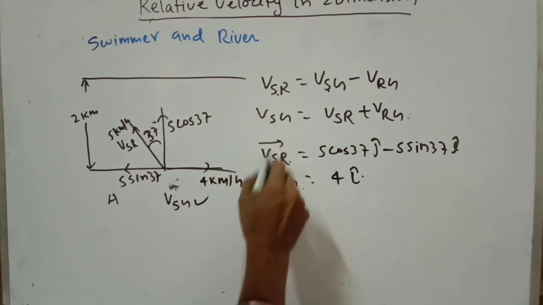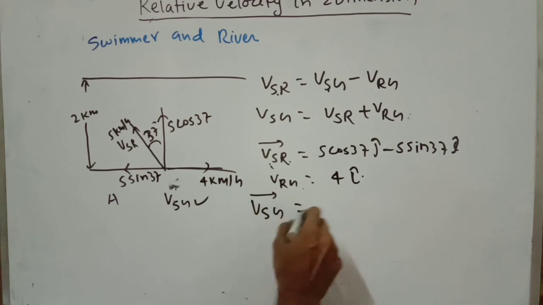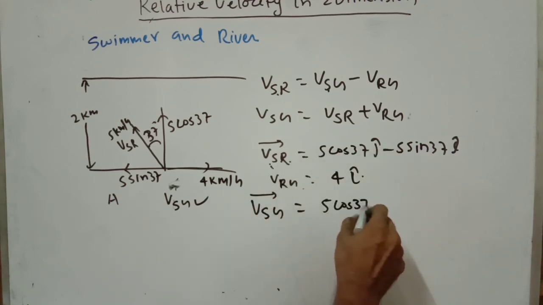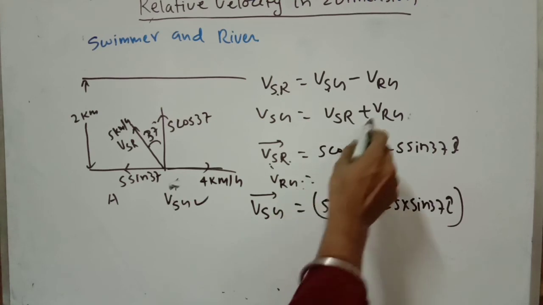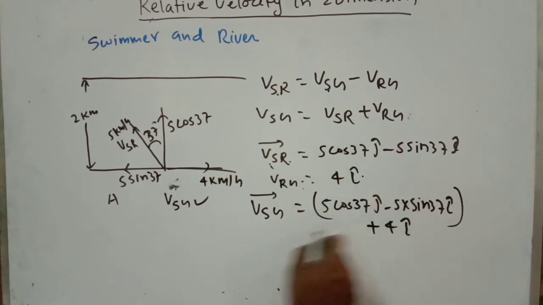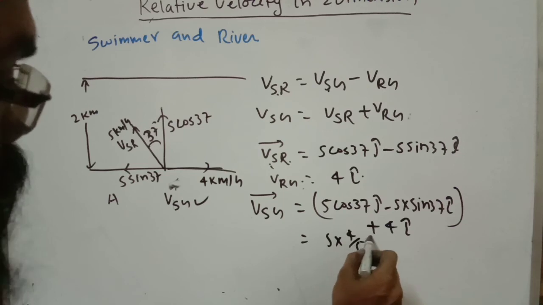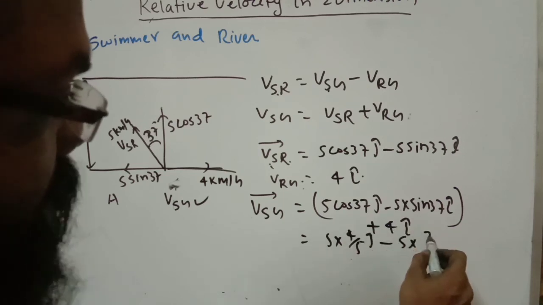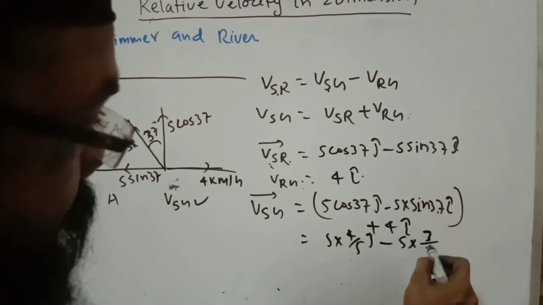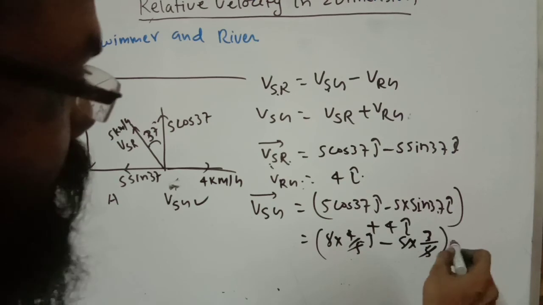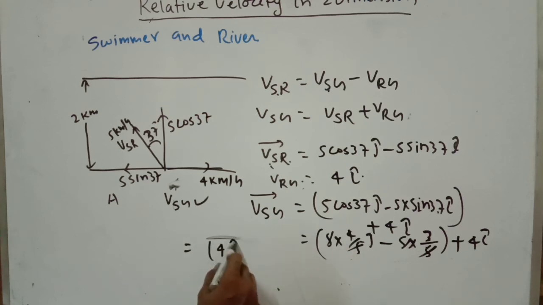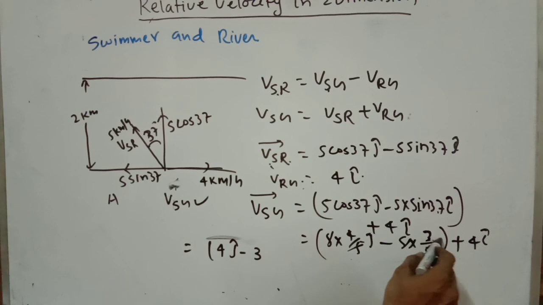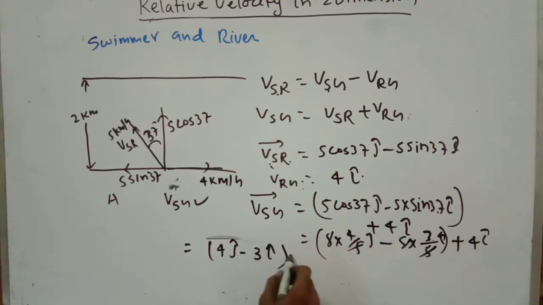So the velocity of streamer with respect to ground is 5 cos 37 j cap minus 5 sin 37 i cap, plus 4 i cap. Now cos 37 is 4 by 5, and sin 37 is 3 by 5, so the 5s cancel. So you can write 4j minus 3i cap, plus 4i.